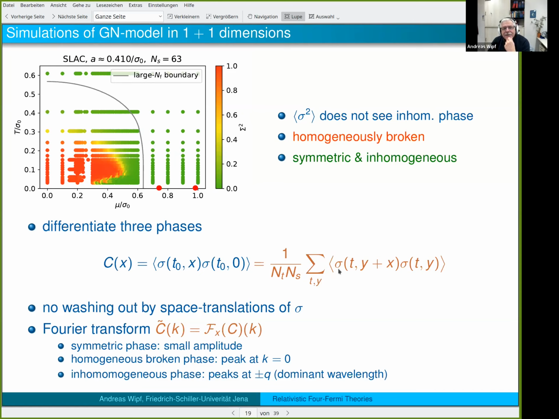I showed you these figures where we had these huge lattices, right? We couldn't really distinguish between quasi-long-range order, exponential decay, which would be a massive propagator, and a condensate. I have never seen that before. So the short answer is we don't know.